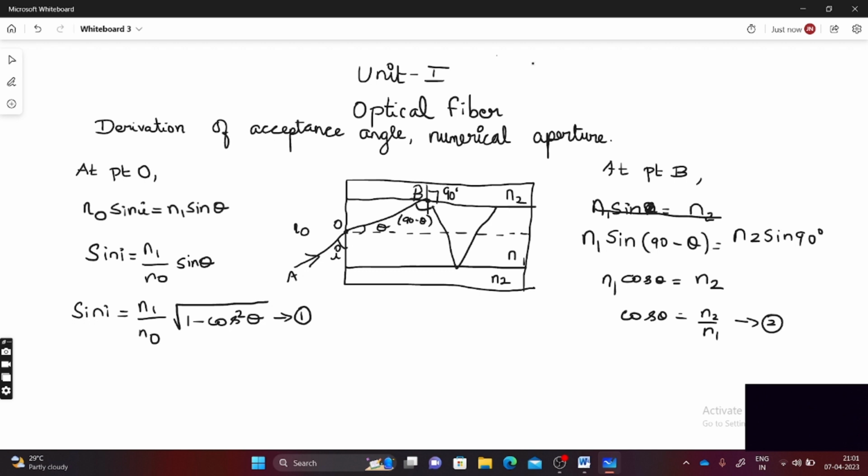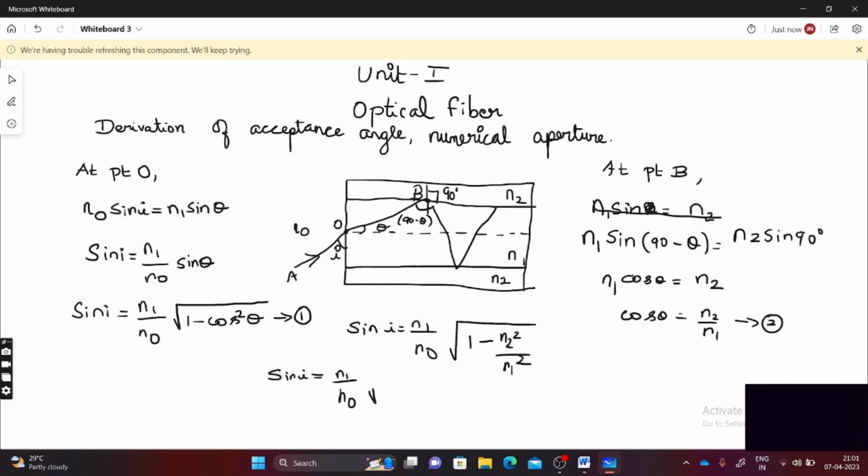Now substitute 2 in 1. So you get sin i equal to n1 by n0 root of 1 minus n2 square by n1 square. This can be written as sin i equal to n1 by n0 root of, cross multiplying, n1 square minus n2 square by n1 square.